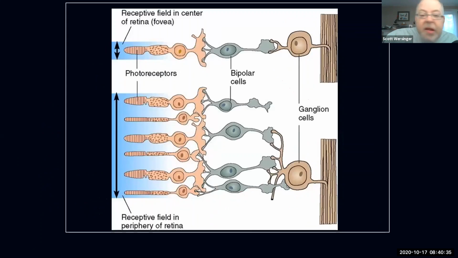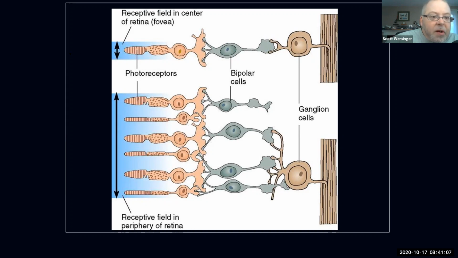All right, so here is another way to illustrate that. So light has to strike the photoreceptor in order for us to respond. In this setup, light strikes this photoreceptor. Okay, if light hits this, that's going to be the receptive field of this photoreceptor. Now, the way it's drawn out here is we've got one photoreceptor to one bipolar cell to one retinal ganglion cell.